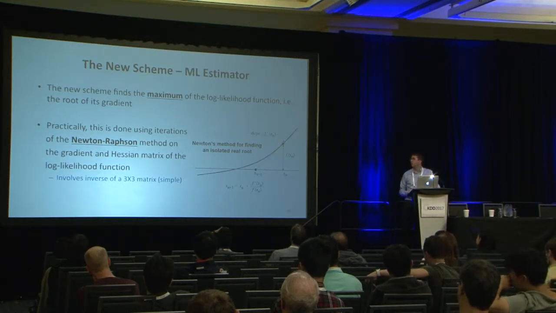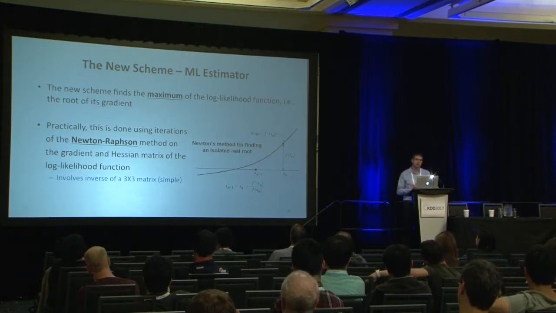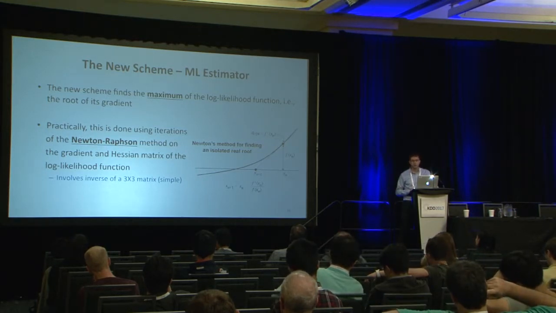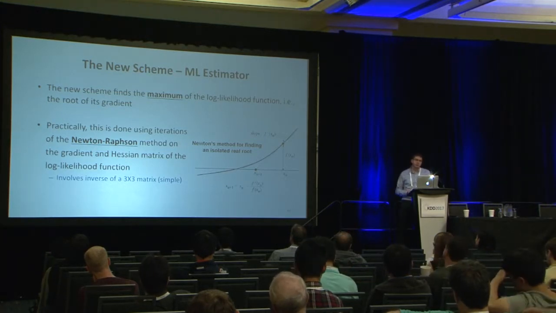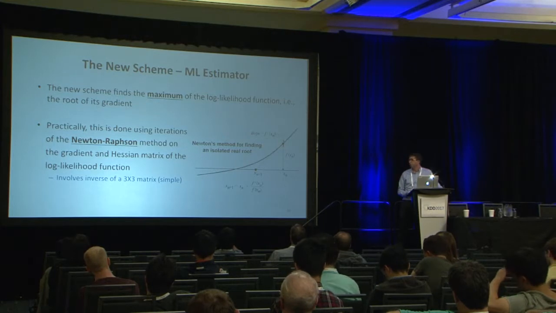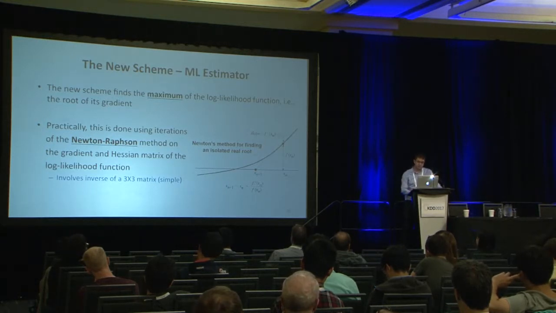Practically, because the log likelihood function cannot be solved analytically using maximum likelihood, we use iterations of the Newton-Raphson method on the log likelihood function, using its gradient and Hessian matrix, in order to get an estimation for the root of its gradient. Notice that in order to use Newton-Raphson for this problem, we need to invert a 3x3 matrix, which is quite simple. So there is no real problem.